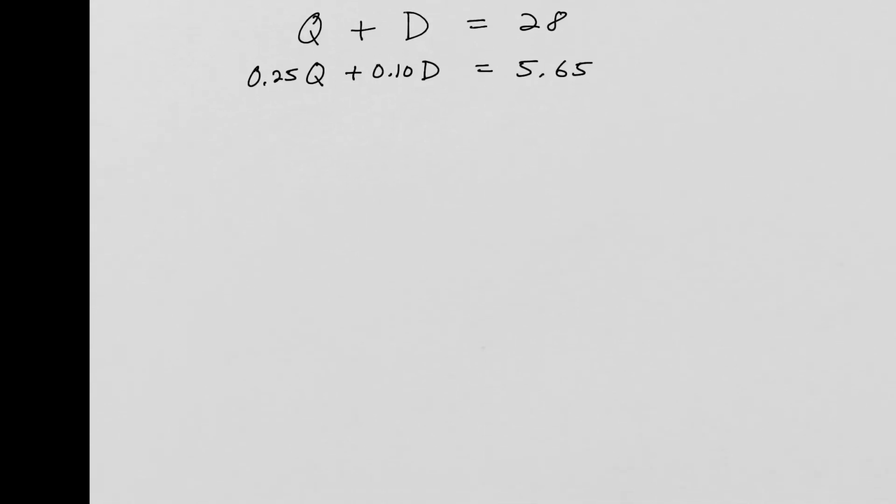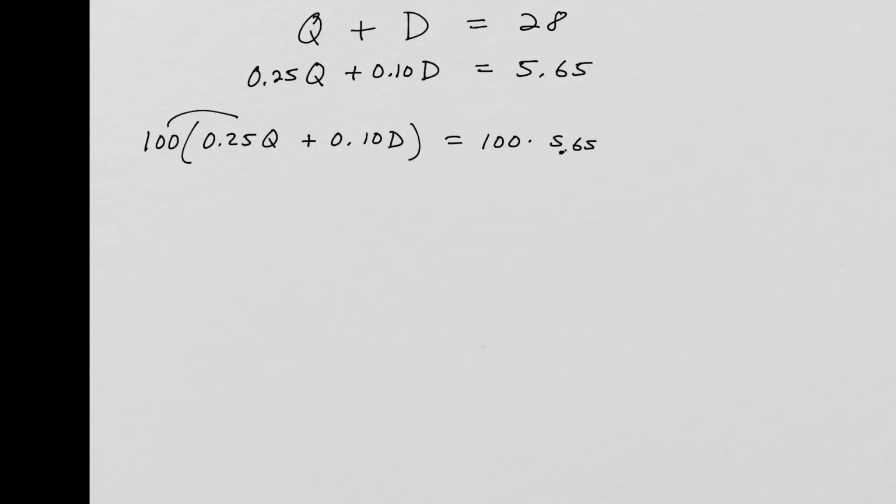So let me show you. I'll multiply the left-hand side by 100. This is just the second equation, just so we don't have to worry about decimals. And then the right-hand side by 100. Okay, so if I distribute 100, well, 100 times 0.25q is 25q, right?